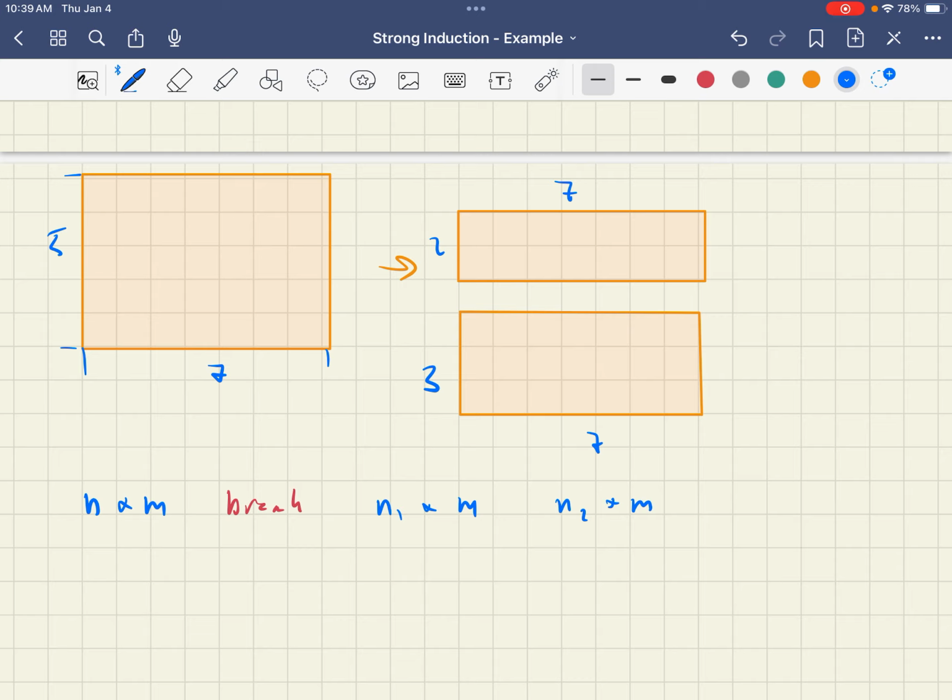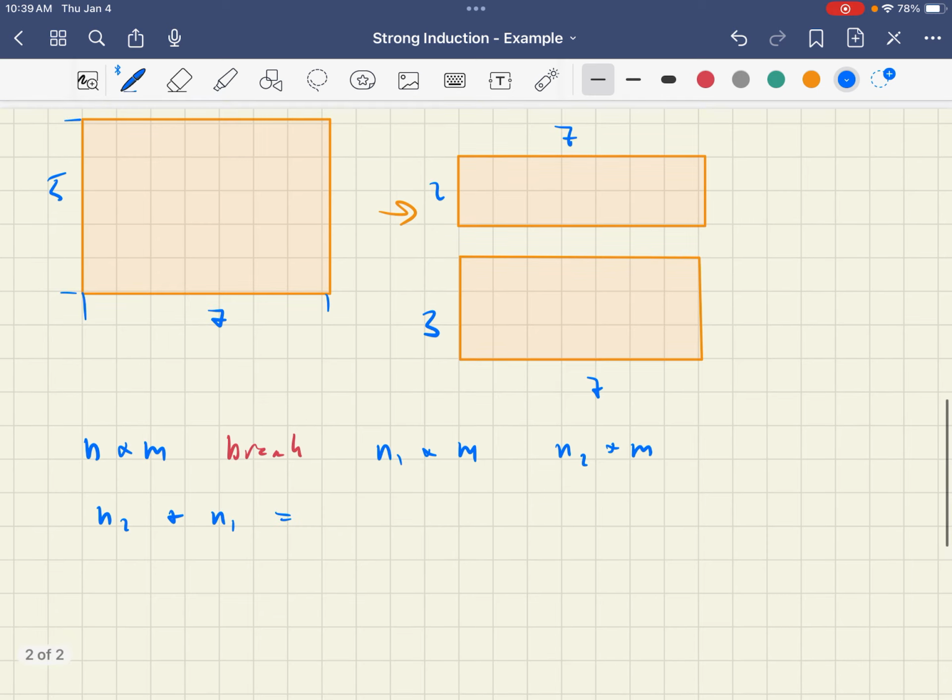Well, notice this. n2 plus n1 equals n. And by the nature of the problem, n1 and n2 are less than n. What does this tell us?